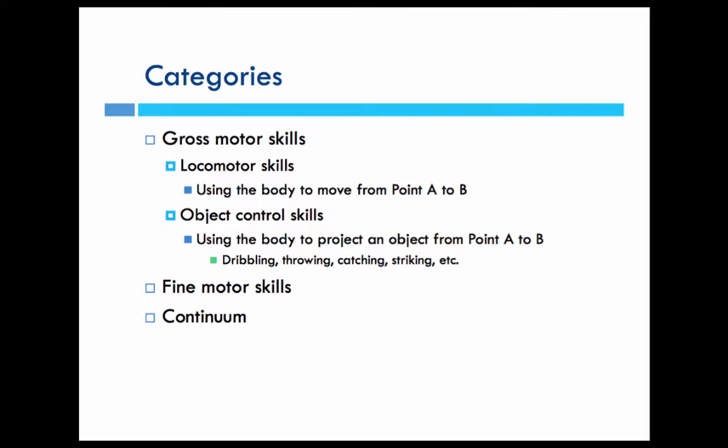These include throwing a ball, kicking, striking, or other ballistic skills. There are also measures of fine motor skills, where the child is asked to pick up small objects, write a sentence, or perform other tasks that involve manual manipulation. The skills are measured along a continuum, as there are different levels of proficiency that a child can display.